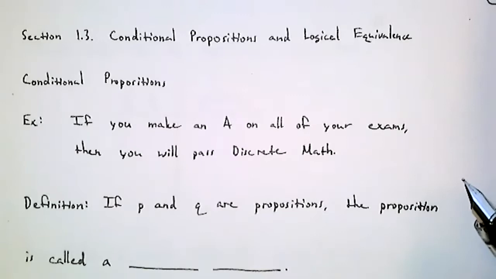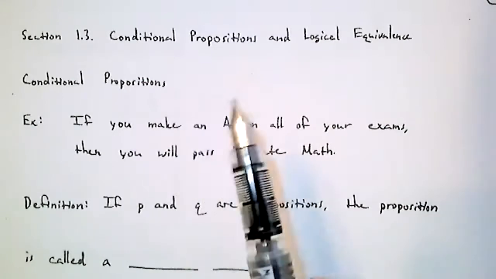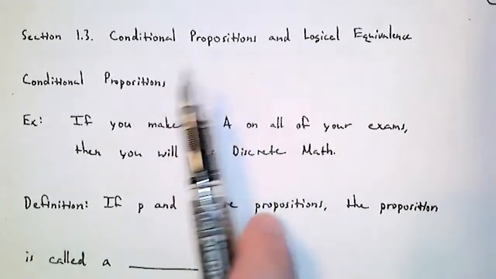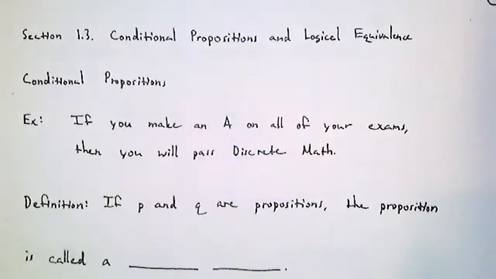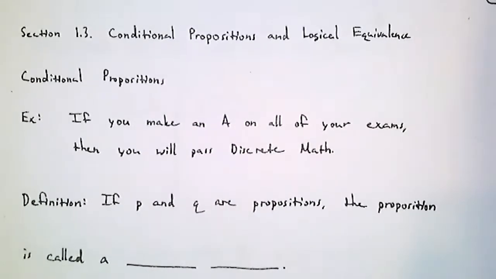And the ones that we talked about last time were the and statement, which we called a conjunction, the or proposition, which we called a disjunction, and then the third one was called the negation, which corresponds to the word not. And today we're going to look at a new kind of way to put together propositions called the conditional proposition. And also another one, we'll get there.